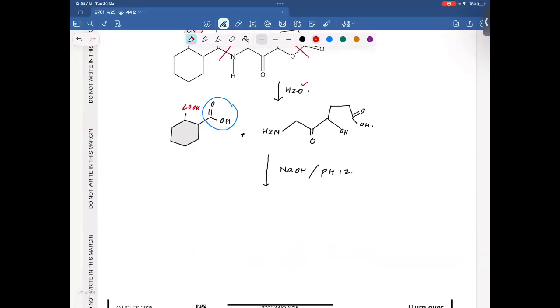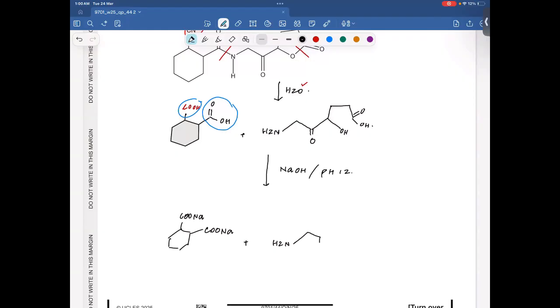Now we have alkali. So when we have alkali, they will react with NaOH to give salt. So the salt is going to be like this. My bad. Salt is going to be like this. COONa and COONa. That is a salt, plus NH2 will remain as it is because it is also an alkali.